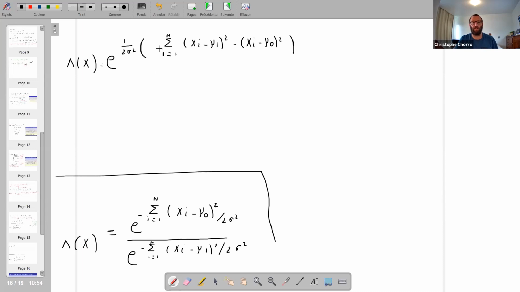So I have something like this, and here I have a bracket, because I do the sum over all these differences. But here I have a classical identity, that is a square minus b square equal to (a minus b)(a plus b).